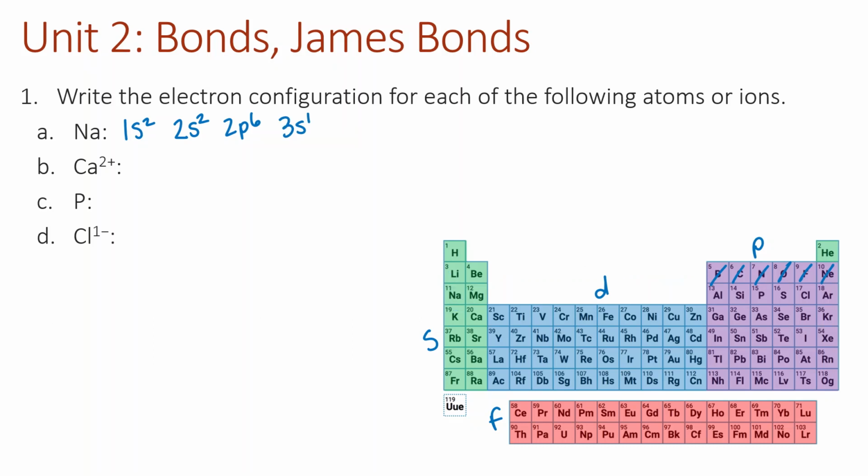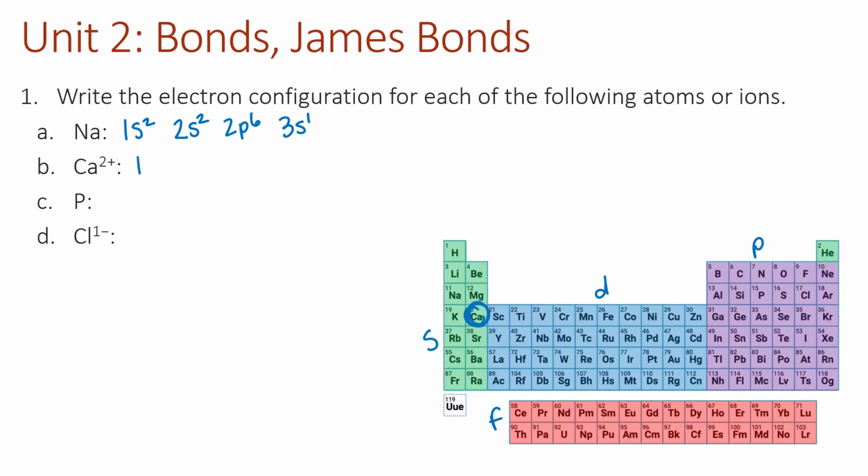Looking at the next one, it is an ion. This is calcium plus 2. So that plus 2 is telling me that calcium has lost 2 of its electrons. And it's going to lose those electrons that are the furthest away from the nucleus, the ones that are in the valence shell.